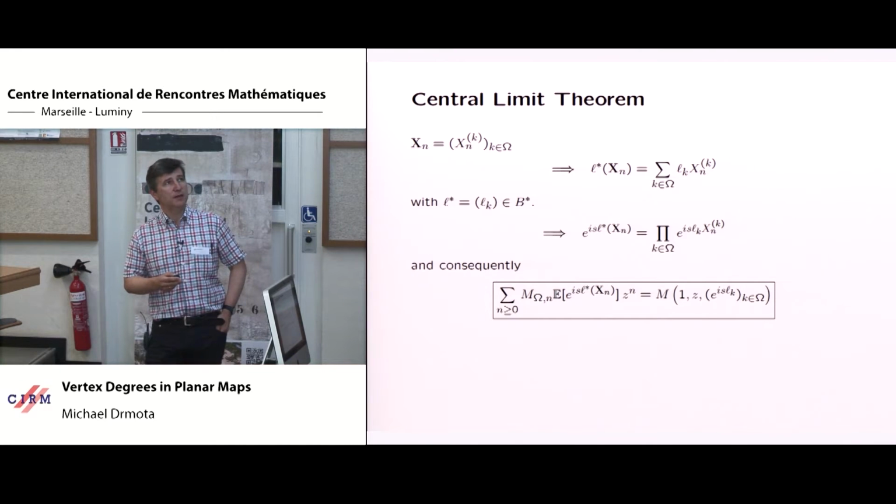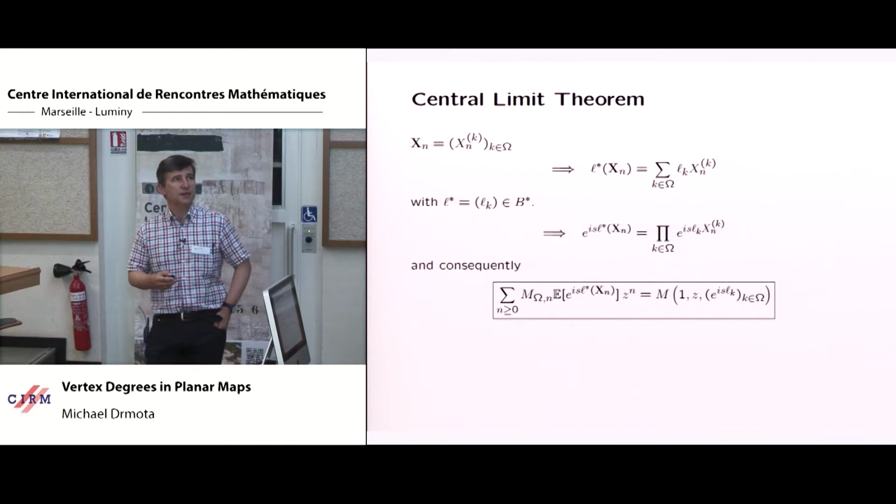And if we want to get the characteristic function of this random variable, it's just a product because of this linear sum.